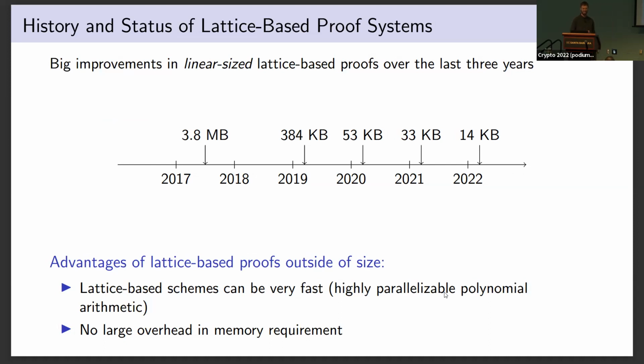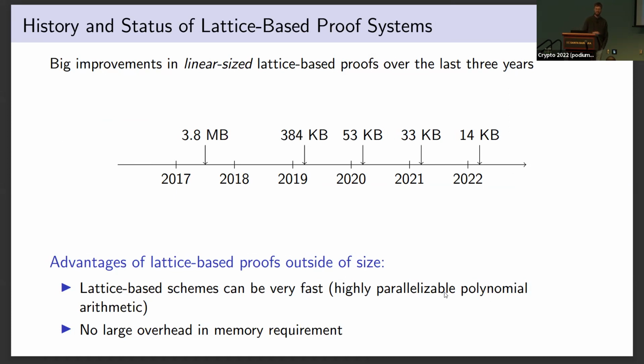Now if we focus on lattice-based constructions, Kaan has already gone into much detail here. I just want to repeat that there have been quite a lot of improvements in the last 3 to 4 years in the construction of so-called linear size proof systems. There, the proof size scales linearly with the witness size. If one looks at the proof size for a particular reference statement that Kaan has also introduced, the situation 5 years ago was that the state of the art was a proof size of almost 4 megabytes.